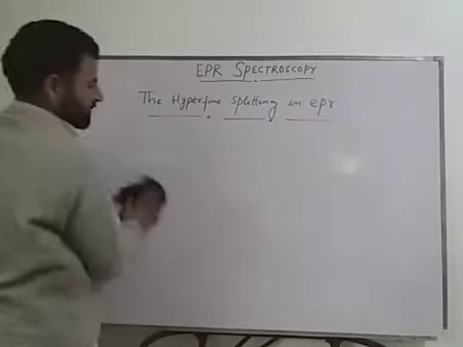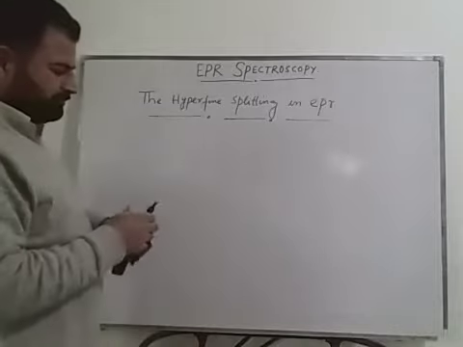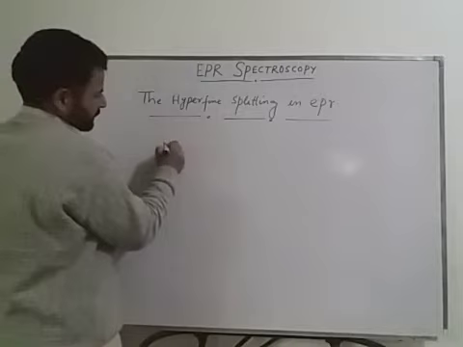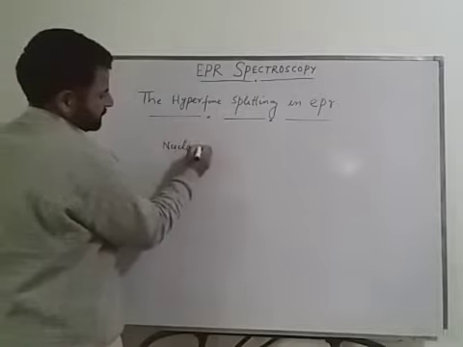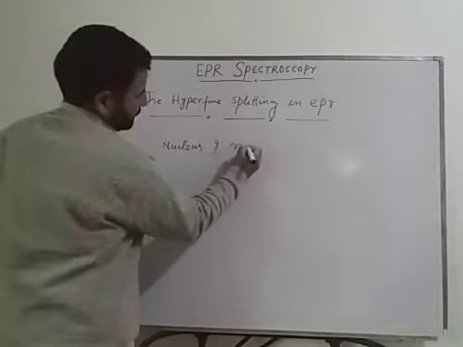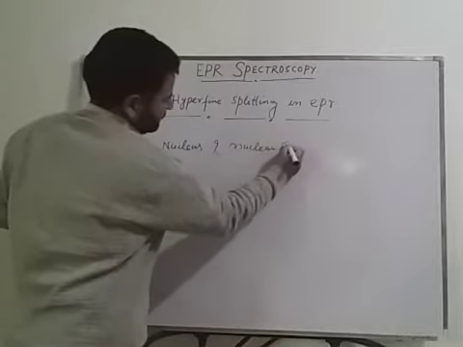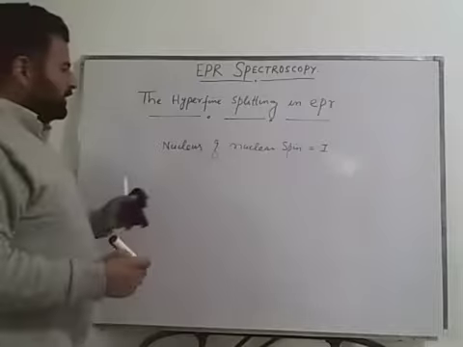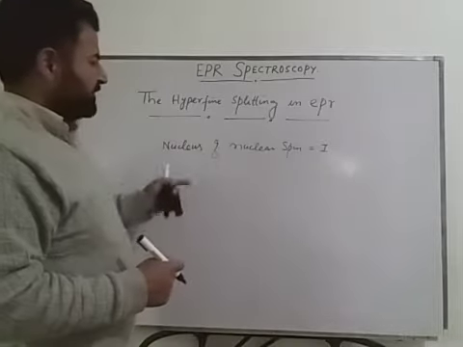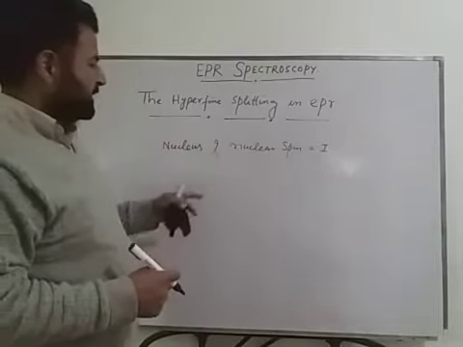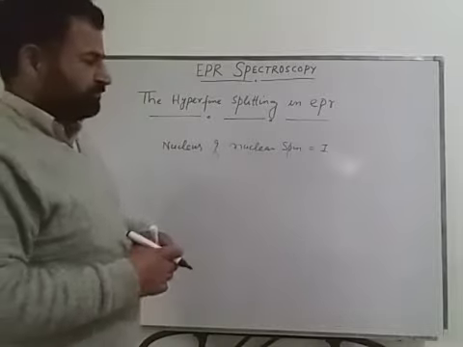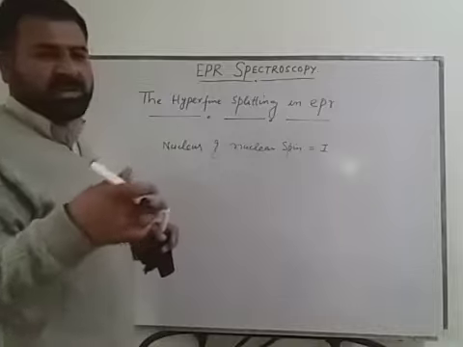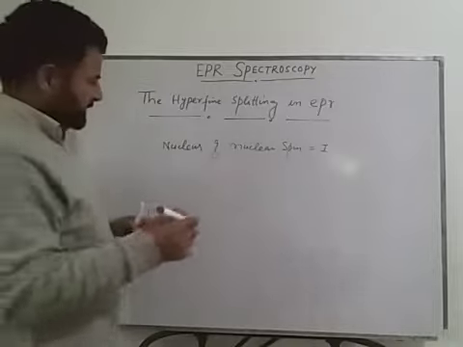So for example, if we have a nucleus of nuclear spin equal to I, on which the unpaired electron is present, then how many orientations will it have with respect to the unpaired electronic spin?